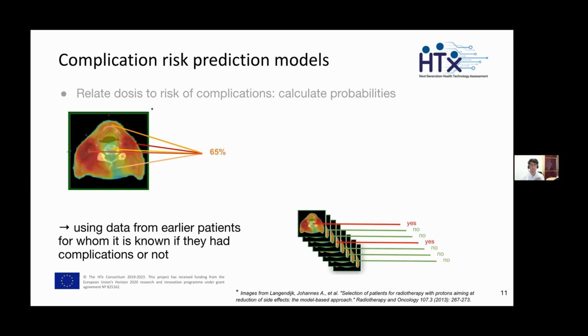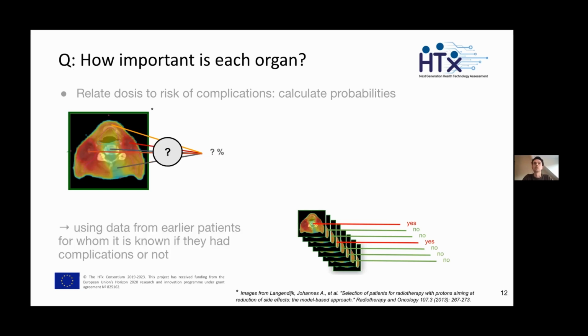And in the project we're looking at how to best develop these models, and also how to evaluate them. So, for example, one question is how do you determine which region is important for developing complications, and how important the regions are.